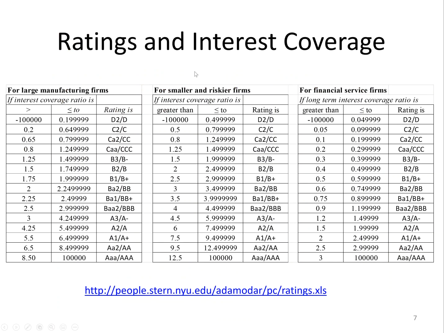Here's an interesting study from Damodaran from NYU. He found the interest coverage ratios for large manufacturing firms, small and riskier firms, and financial services firms.